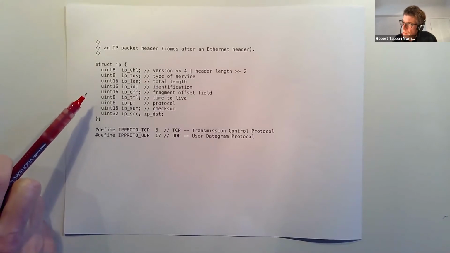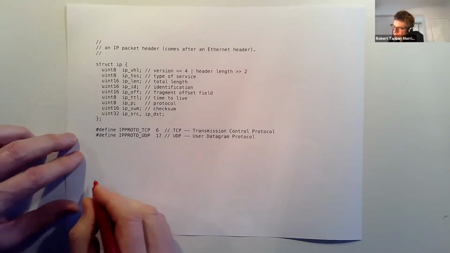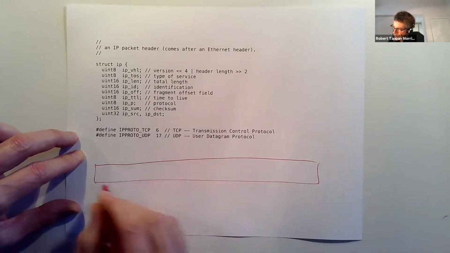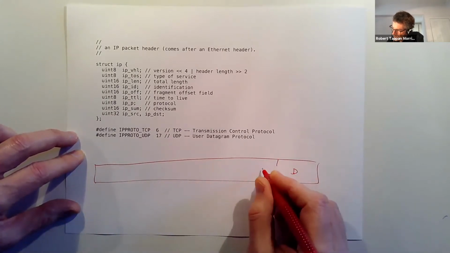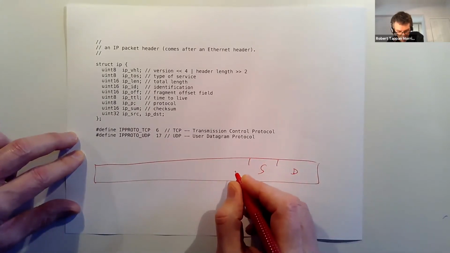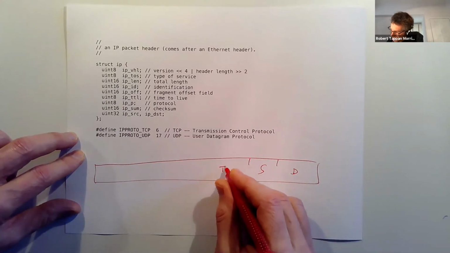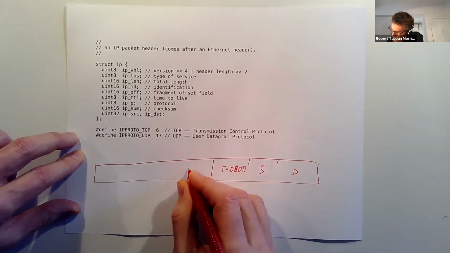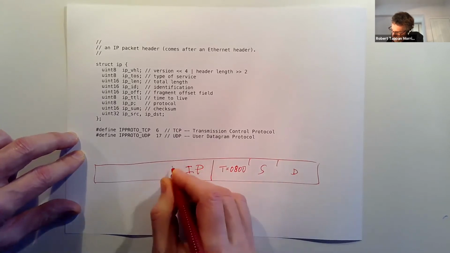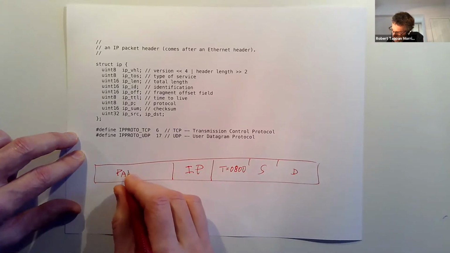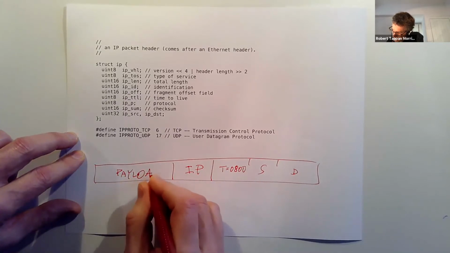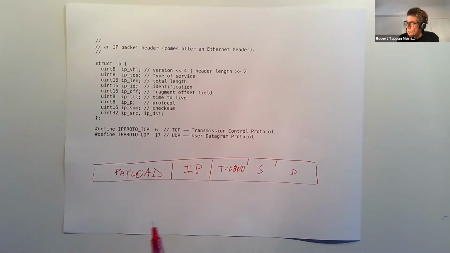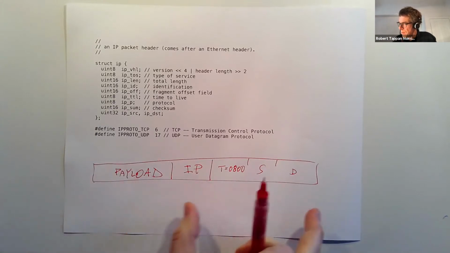And over Ethernet, at least, the way you'd see this is in an Ethernet packet with destination, source, and type of Ethernet type equals 0800, and then the IP header, and then the IP payload. When you send a packet to a distant network, on the other side of the world, the IP header gets passed along.